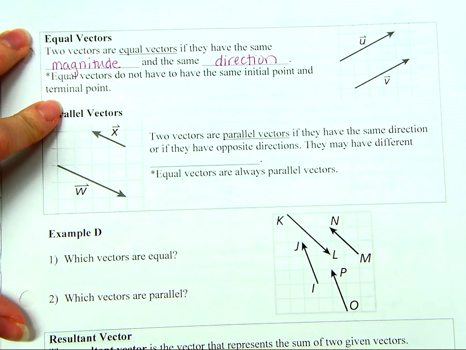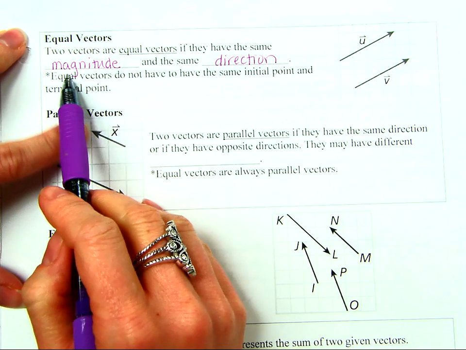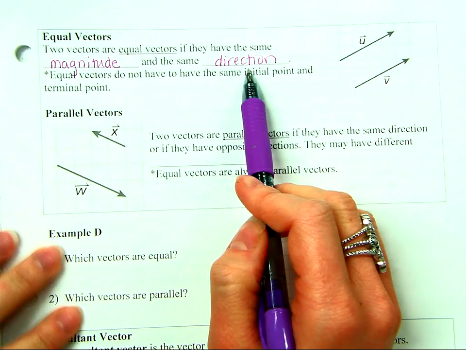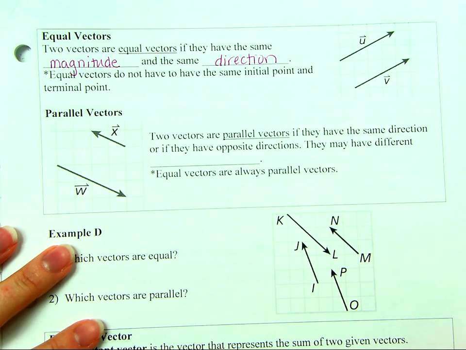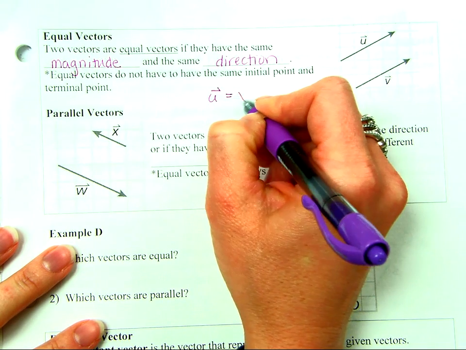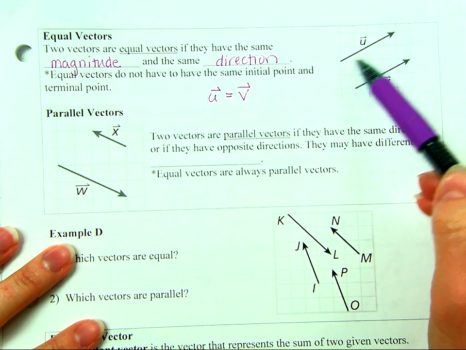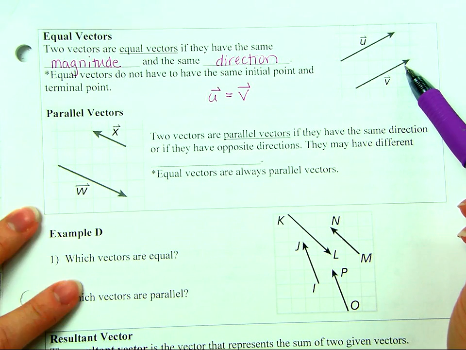It says equal vectors do not have to have the same initial point and starting point, but they would have to have the same length and direction. As they're showing here to the right, the vector u would be equal to my vector v. Same length, same direction.